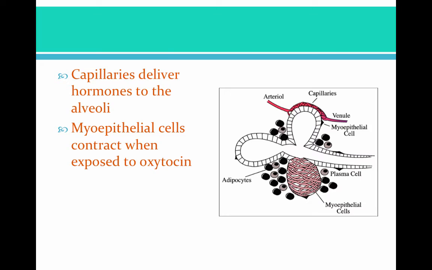The myoepithelial cells squeeze the lobes, forcing milk down the ducts. During pregnancy and lactation, the alveoli multiply and increase in size so that the mother is better able to produce milk.